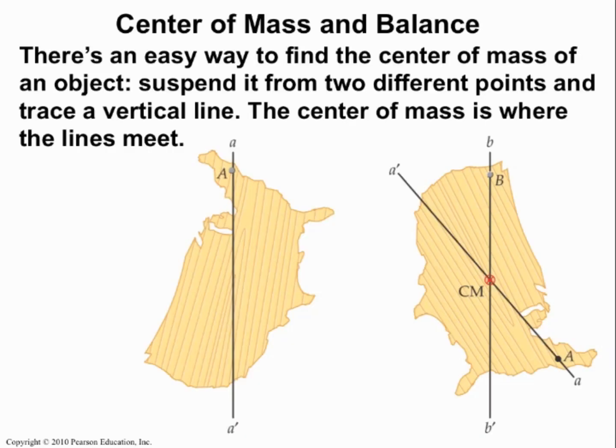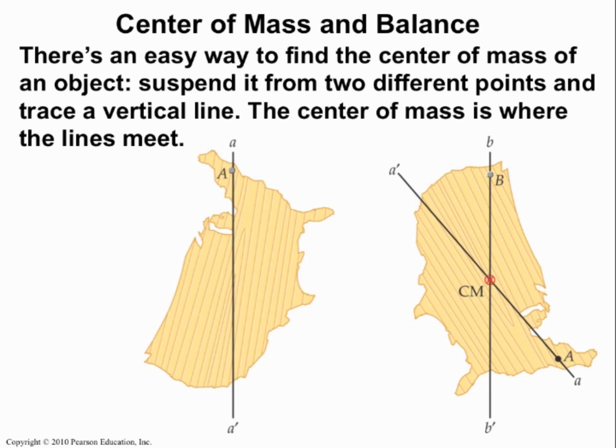Now, an easy way to find the center of mass of an object: let's suppose we have this map of the United States made of wood. It's a carving, and it has a certain mass, but obviously it's an odd shape, and it's not easy to just pick a random dot in the middle and say that's the center of mass. So the foolproof way to find the center of mass is this method.